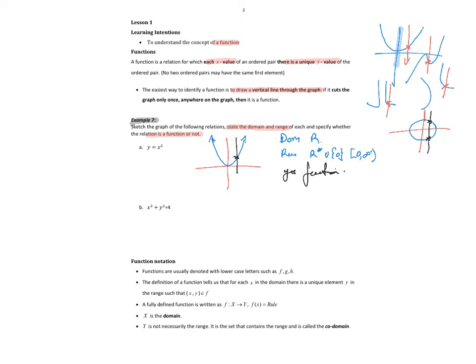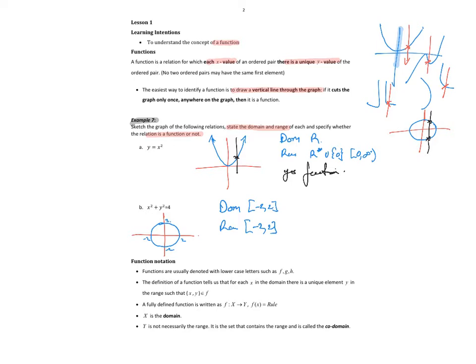What about my next one here? x squared plus y squared equals 4. We just spoke about that. So that's a circle with a radius of 2. So again, clearly the domain is from -2 to 2 inclusive, so square brackets. The range also from -2 to 2.